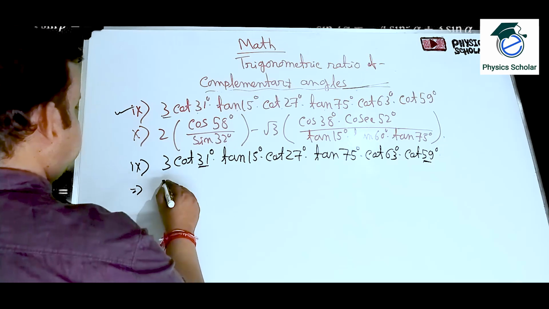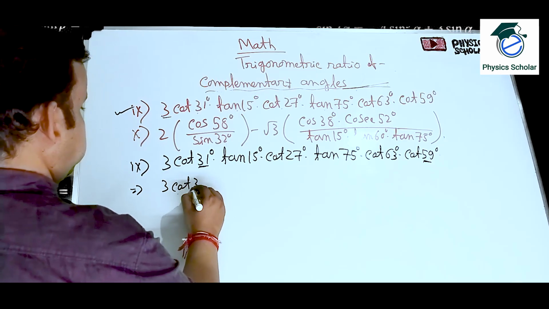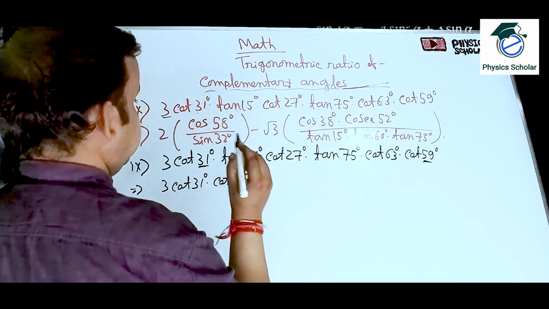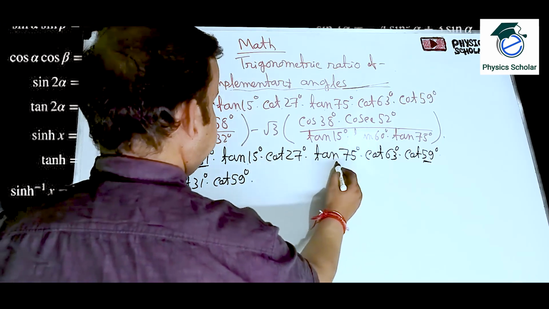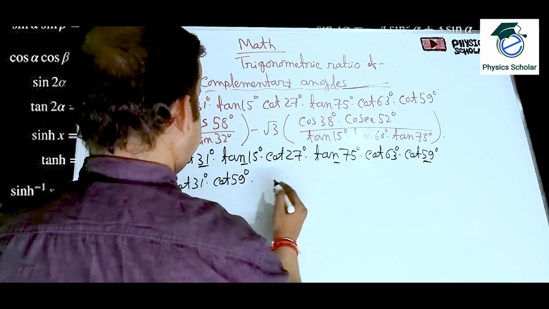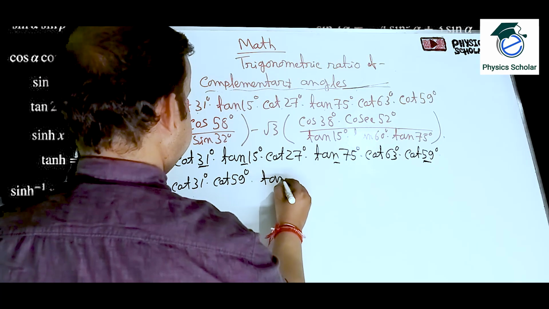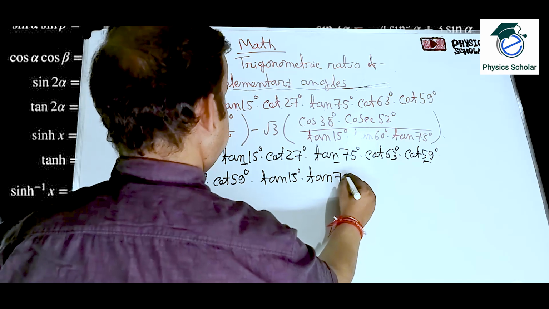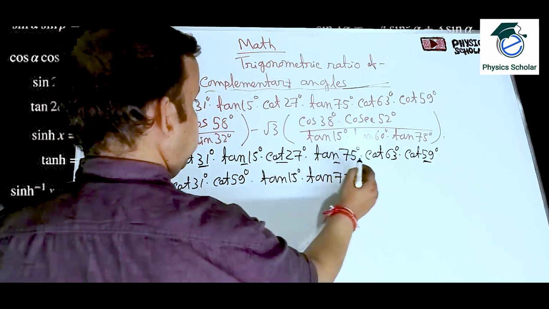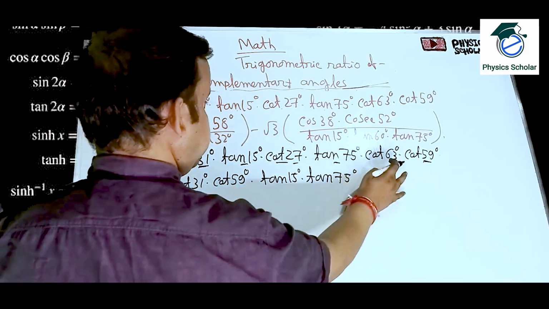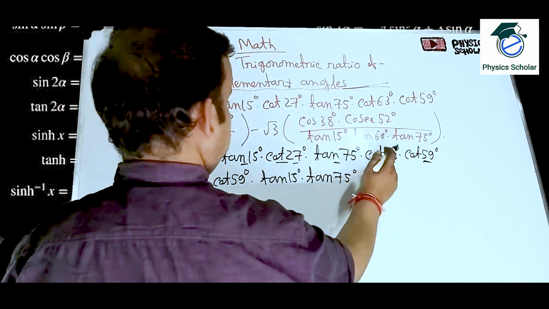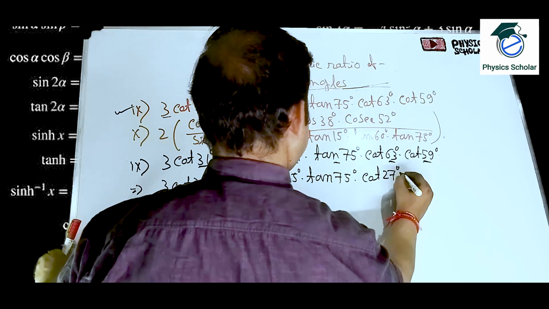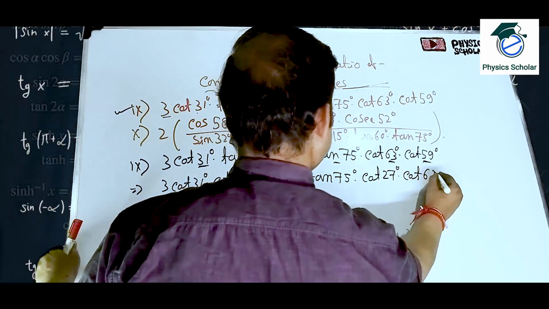So, what we can write? 3 cot 31 degree and cot 59 degree. Then 15 degree and 75 degree, these two are complementary. So, what you can write? Tan 15 degree into tan 75 degree. Then which one? This one and this angle is complementary, 63 and 27. The summation will be 90. Clear? So, cot 27 degree into cot 63 degree.